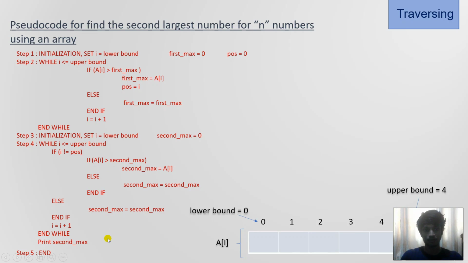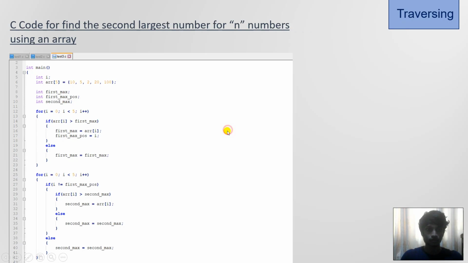After all that happens, the loop ends, and then the second max value is printed. So this is how you implement a pseudocode to find the second largest number of a particular array. Okay, so now we can move to the C code.